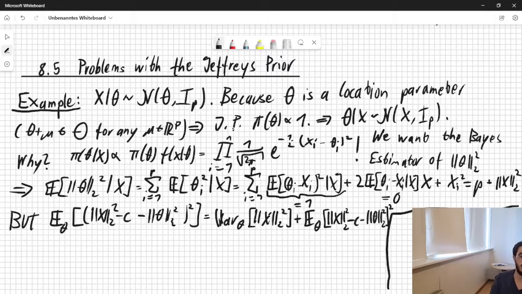And we square this whole thing. This is a very well-known formula. You can easily prove this by just writing it out.